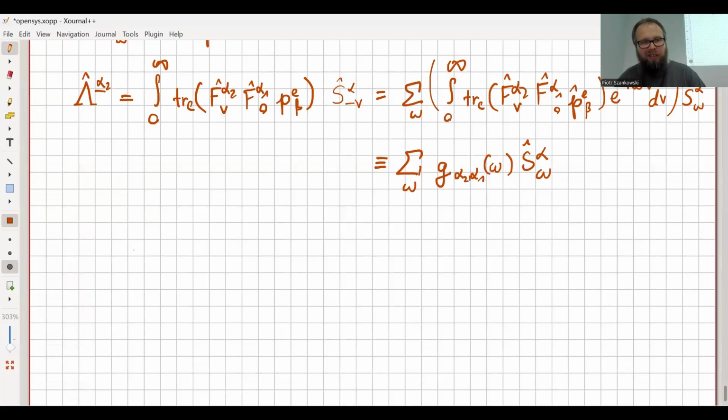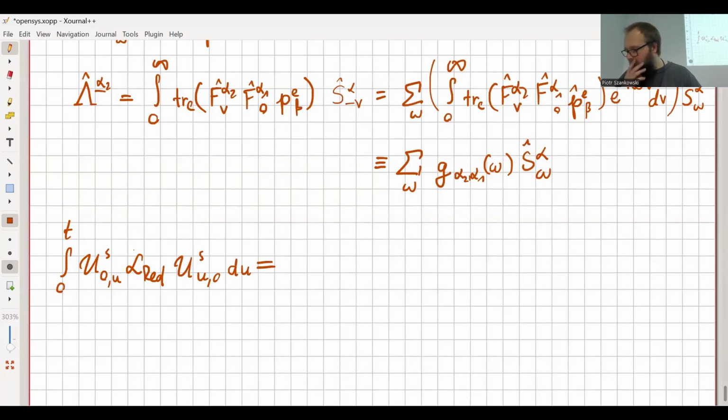and we use it further to also transform the supercumulant we got from the previous step. So we get the Redfield generator, U0 S du. And now, again, to properly deploy this decomposition, there's a lot of algebra involved.